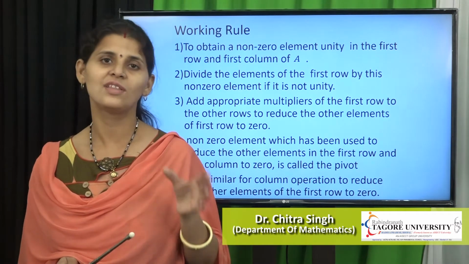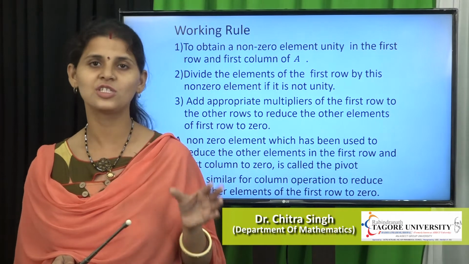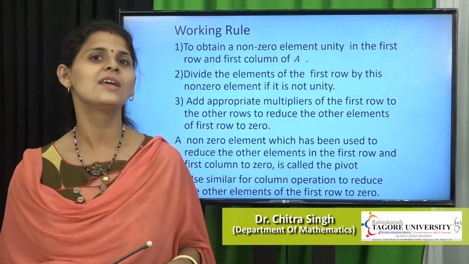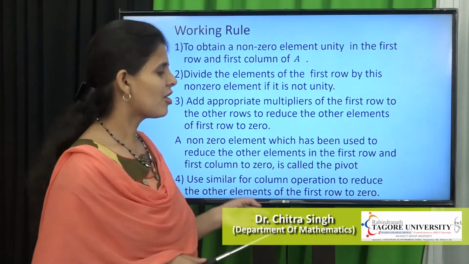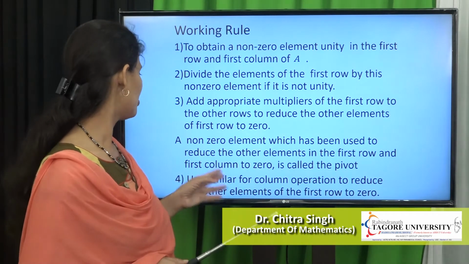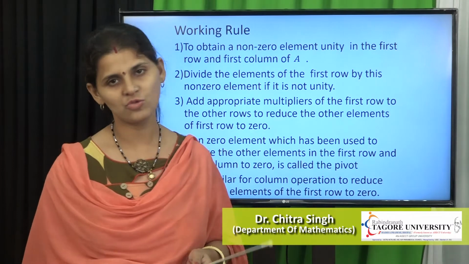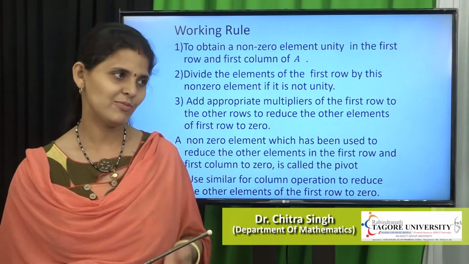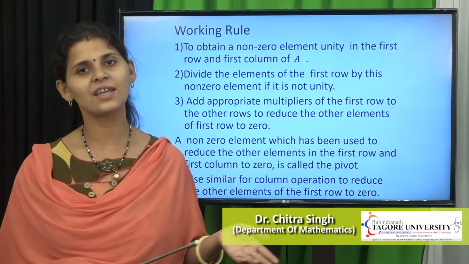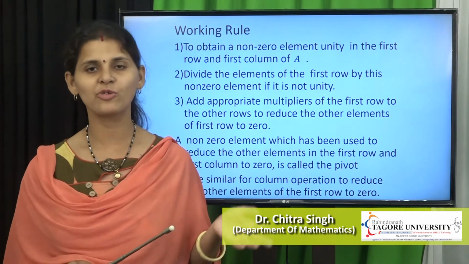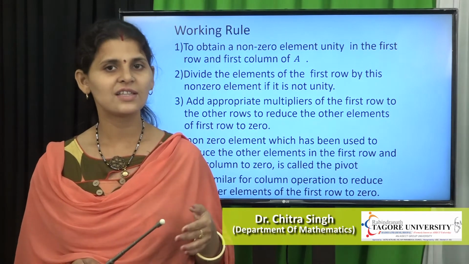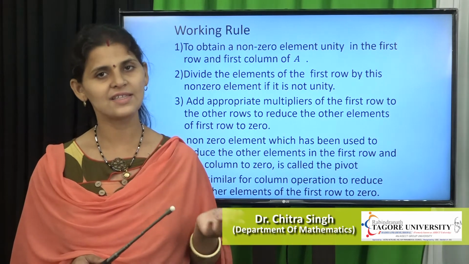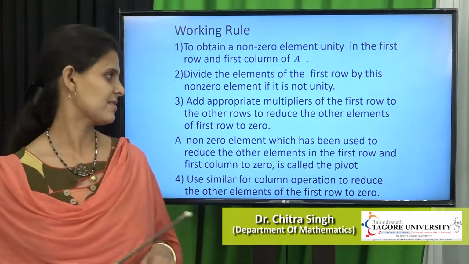So this first element, A11 of the matrix, is called a pivot. Use similar column operations to reduce the elements of the first row to 0. We repeat this process again: you prepare a pivot for the B22 element, then for the C33 element, and easily obtain the normal form of a matrix.